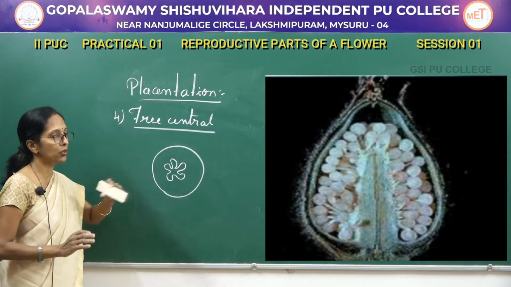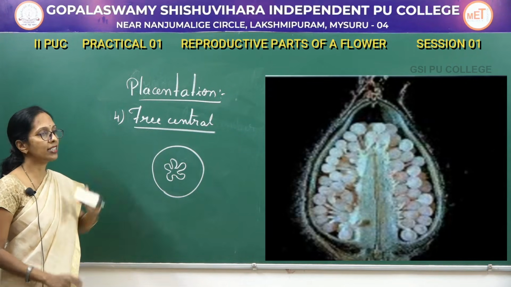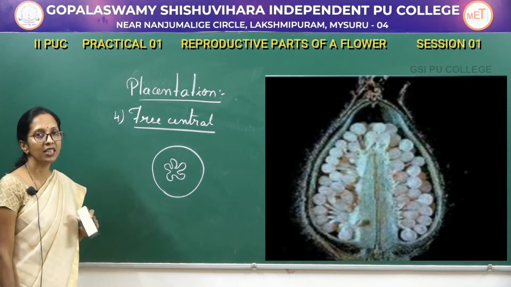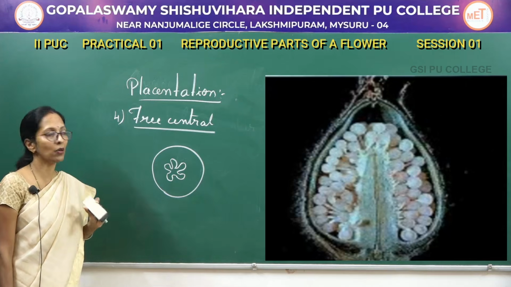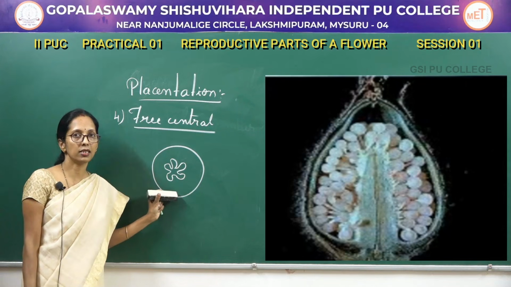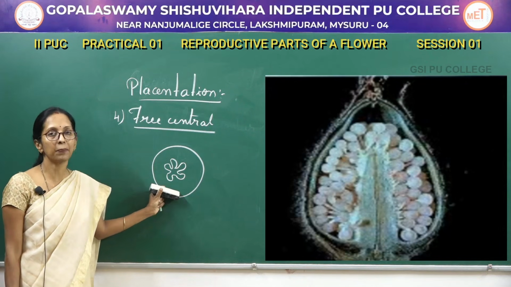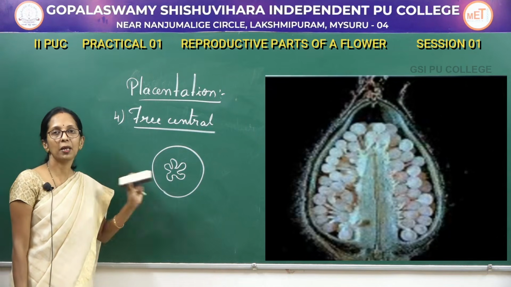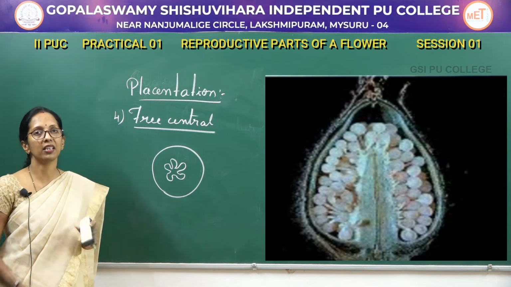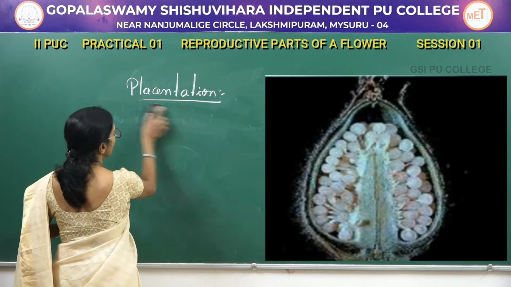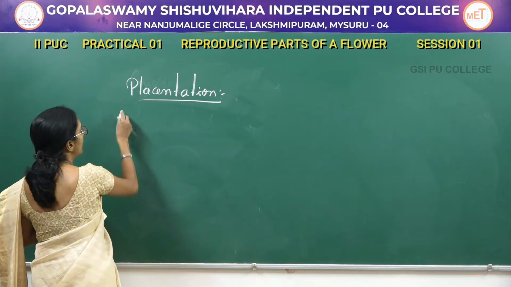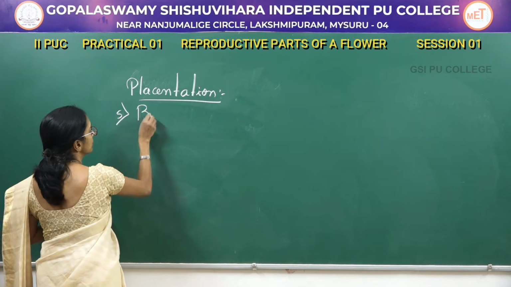Therefore, it is free central. It is seen in primrose. You can see in this picture, this is the primrose. Ovules are attached to the central axis without septa because it is made up of only one carpel, that is, monocarpellary. Coming to the last one, the basal placentation.